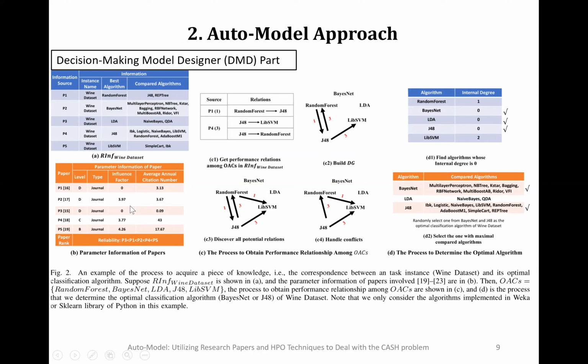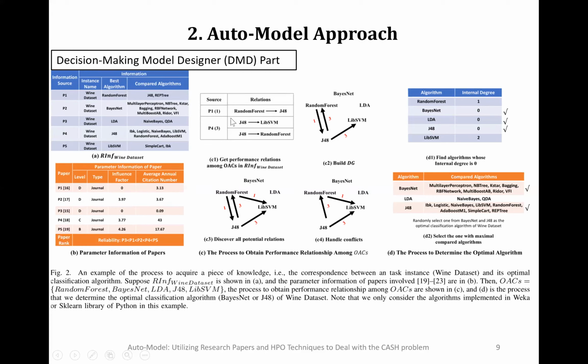Then the most suitable algorithm A* for the dataset should be among the algorithms in this column. And in the second step, we build the graph using this table and use this graph to represent the relationships among these algorithm candidates.